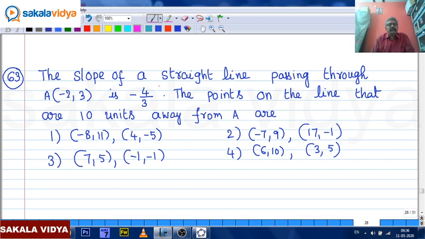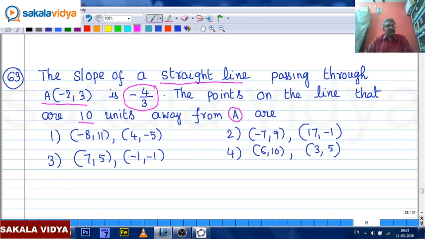The slope of a straight line passing through A minus 2 comma 3 is minus 4 by 3. We need to find the points on the line that are 10 units away from A. So we use the parametric equations: x is equal to x1 plus or minus r cos theta, y is equal to y1 plus or minus r sin theta.